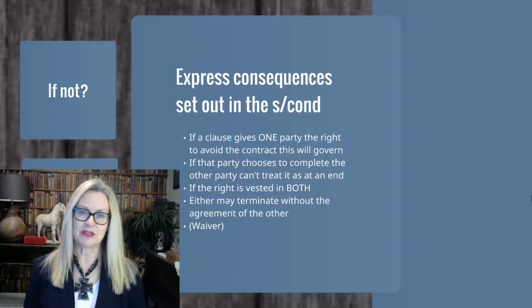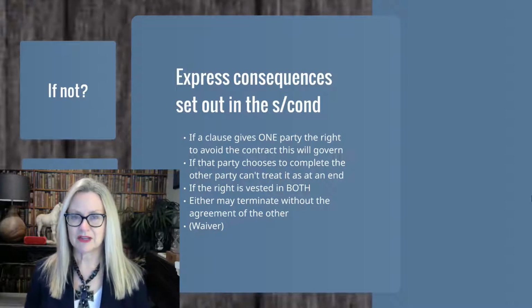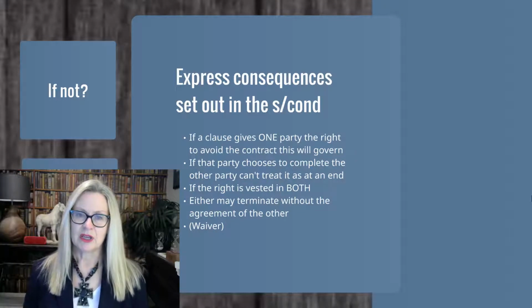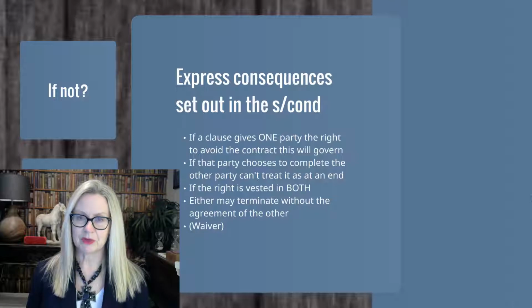Okay, so what about the express consequences as set out in the special condition? If the clause gives one party the right to avoid the contract, this is going to govern the situation between the parties, and that party will be able to go ahead and avoid the contract for non-fulfillment of the special condition.